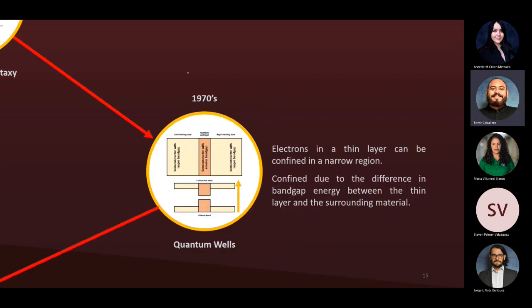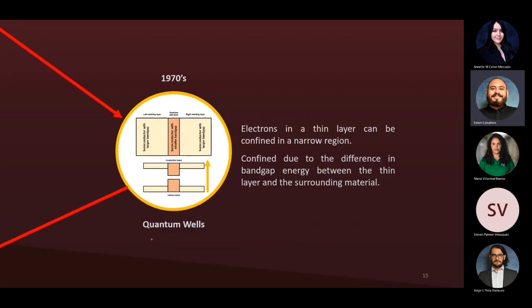After that, in the 1970s, the concept of the quantum well was being discovered. And we're going to talk a little bit more about this later when I explain what it is. However, in simple words, a quantum well is a semiconductor that is sandwiched between two other semiconductors.